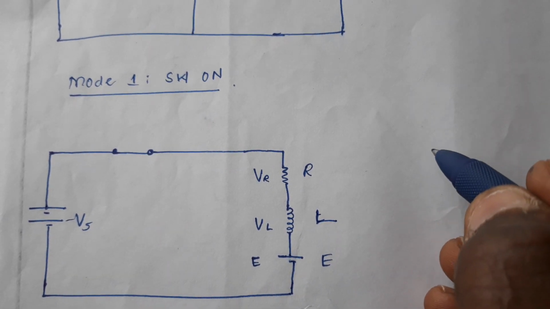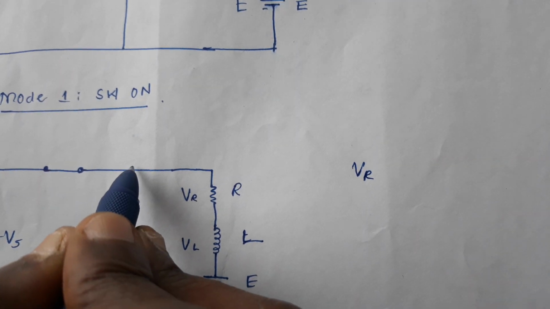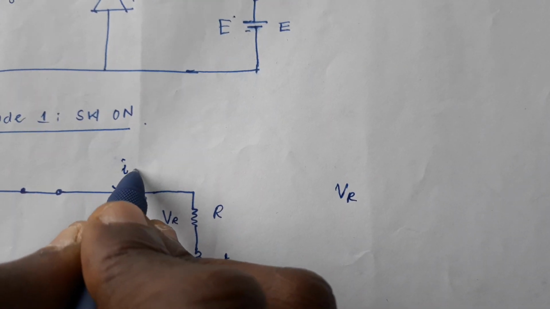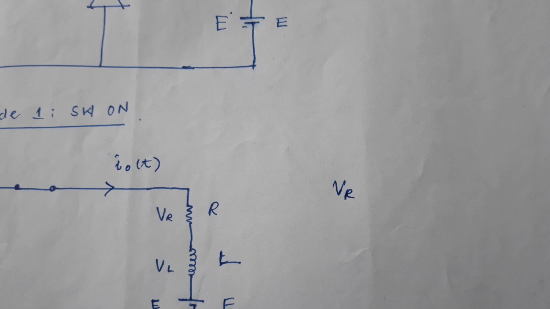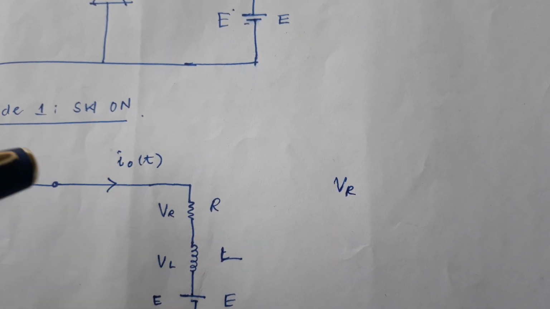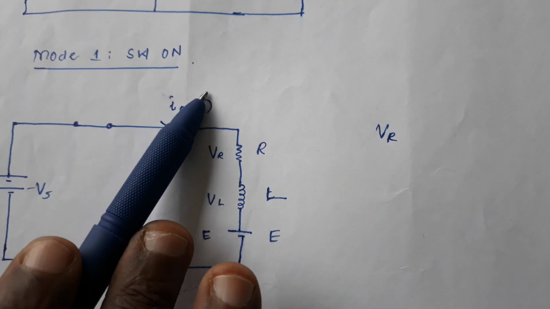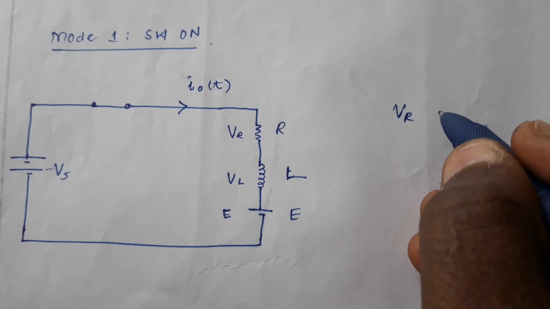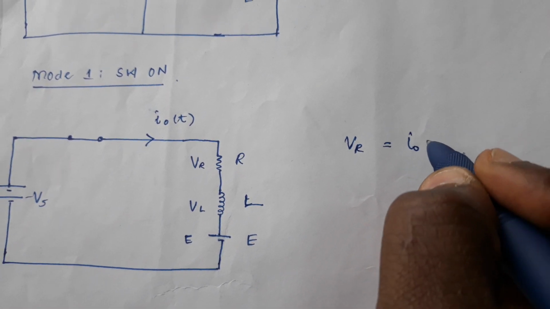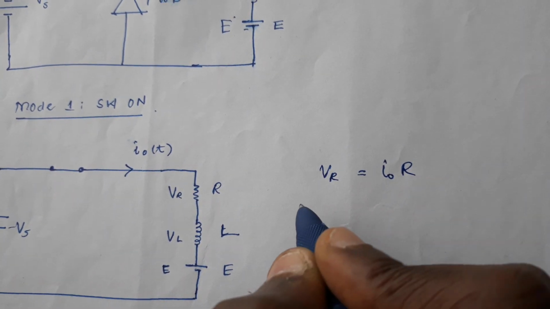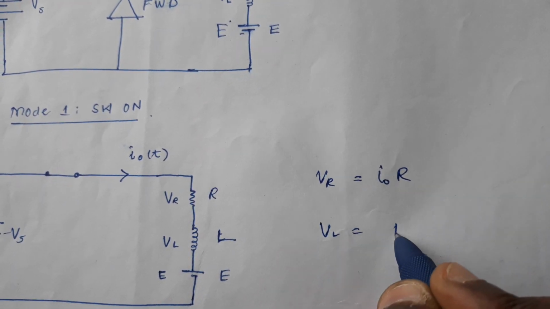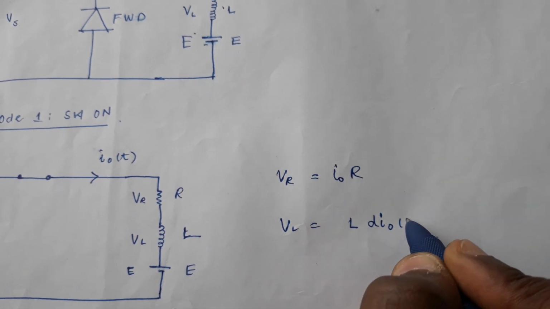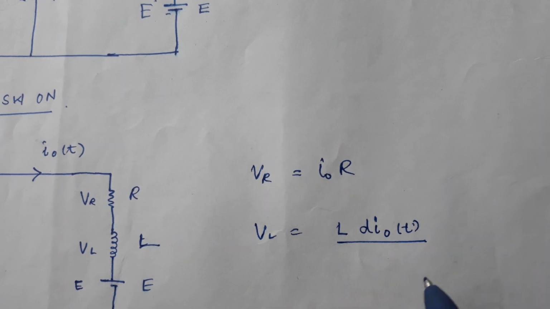So the current that is flowing here is given as i_out of t, and we want to obtain the expression of i_out of t. VR is simply given as i_out multiplied by R, and VL is given as L di_out/dt, since it's a function of time.